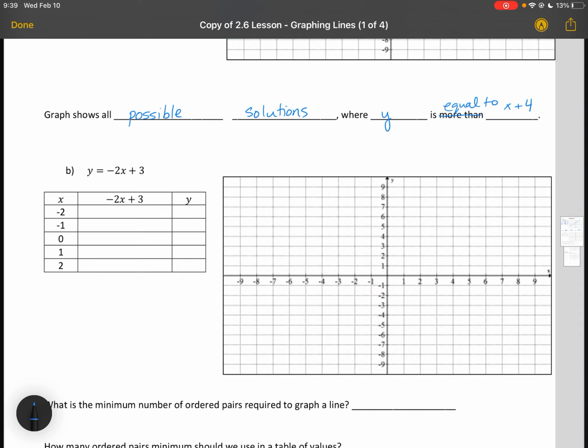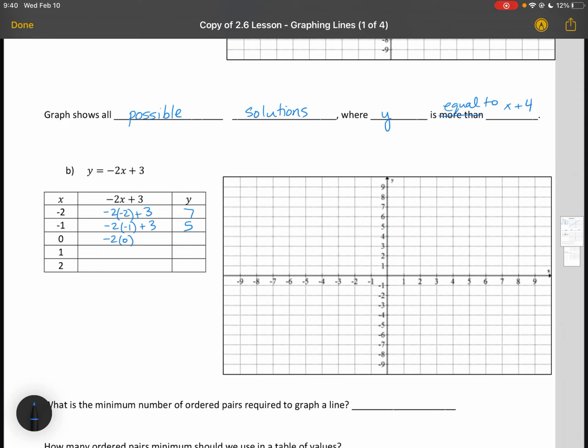So now we've got a little bit more complicated equation, minus 2x plus 3. The approach is still the same. We're just going to substitute in our x value, and then we're going to solve for y. So minus 2 times minus 2 is 4, plus 3 is 7. Minus 2 times minus 1 is 2, plus 3 is 5.